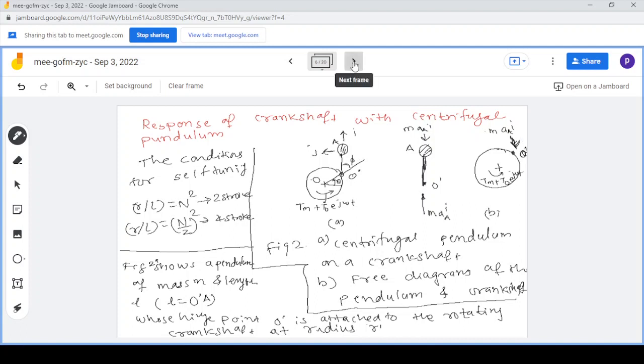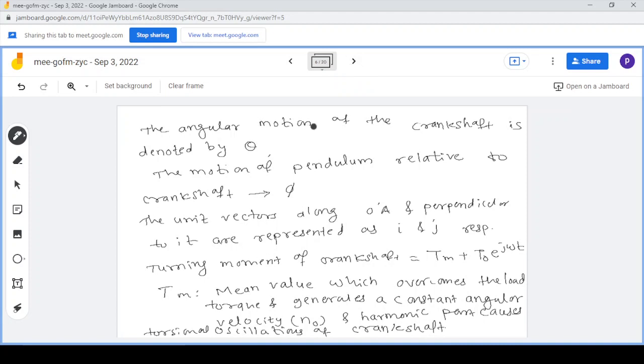From this, we obtain the angular motion of the crankshaft, denoted by theta, and the motion of the pendulum relative to the crankshaft as phi, considering the unit vectors i in direction O dash A and j perpendicular to O dash A. So we got the turning moment of the crankshaft as Tm plus T0 e raised to j omega t.